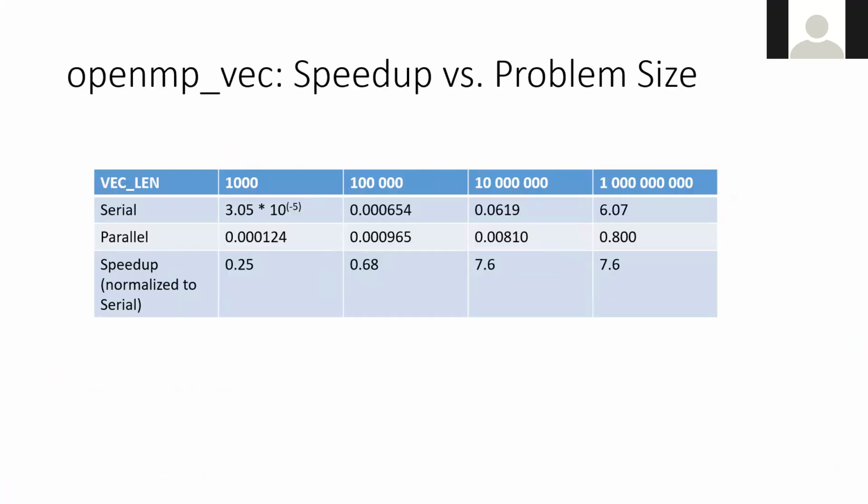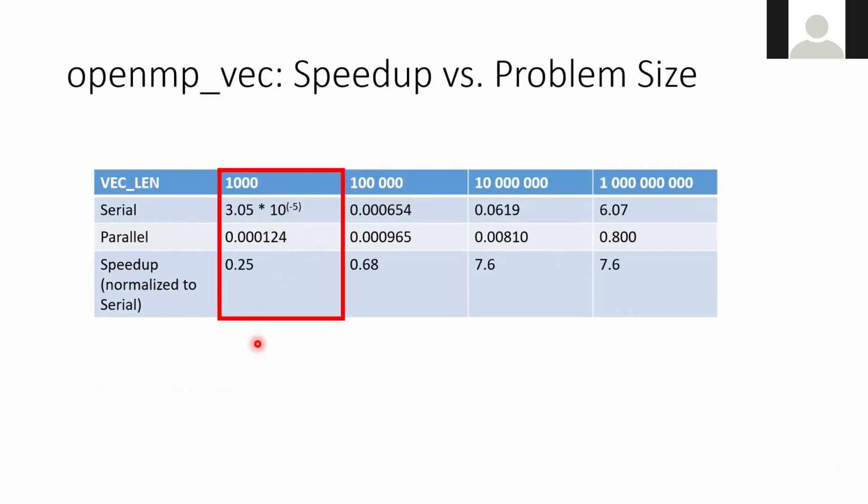This is the experiment that the teaching team did before. The numbers are slightly different, but the amount of speedup is still the same. If we use a small problem size of 1000, we see a slowdown from adding multi-threading, because of the overhead of adding multi-threading.